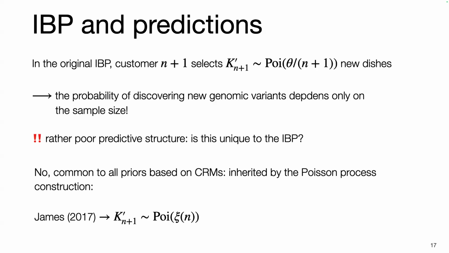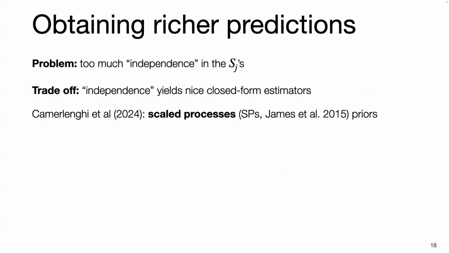And in this paper by James in 2017, it is clearly shown that this predictive structure is not specific to the Indian buffet process, but belongs to all priors based on completely random measures, where K prime n plus 1 is a Poisson random variable with a parameter that depends exclusively on the sample size.